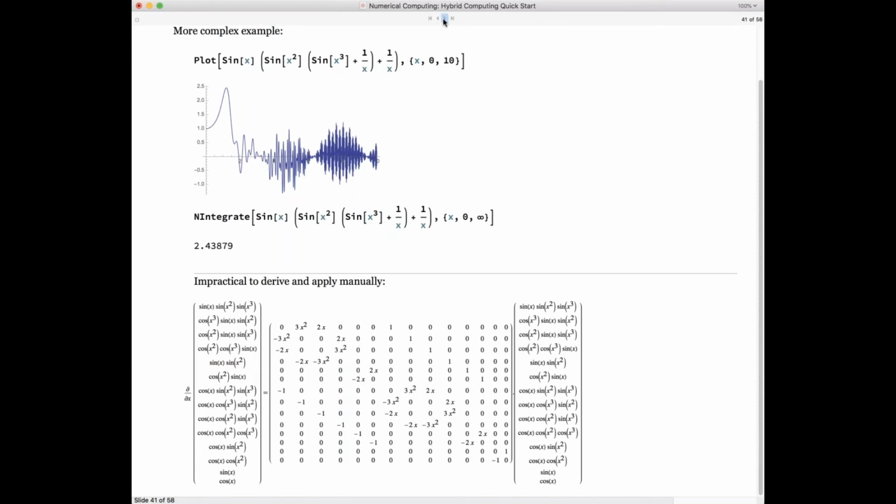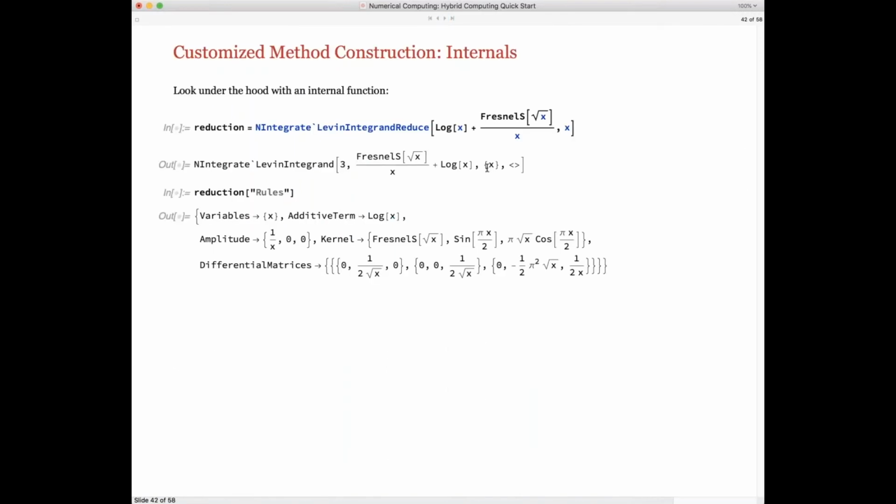It is interesting to take a quick look now under the hood at an intermediate stage of Mathematica's processing of an oscillatory numerical integration. Using the function LevinIntegrate, we find out that for this integrand, Log[x] plus FresnelS of square root of x over x, NIntegrate has identified an oscillatory function.